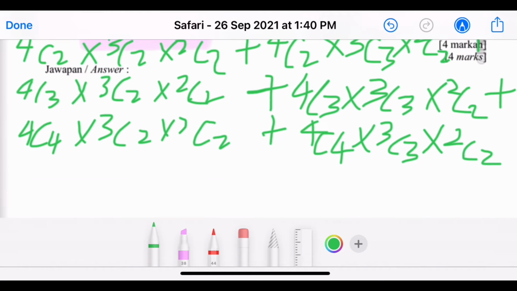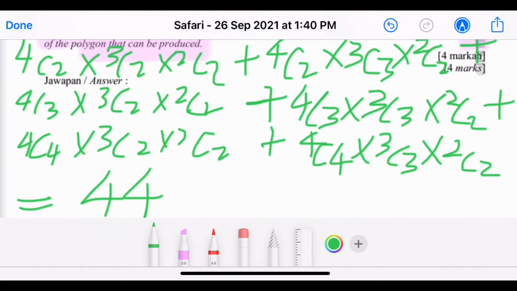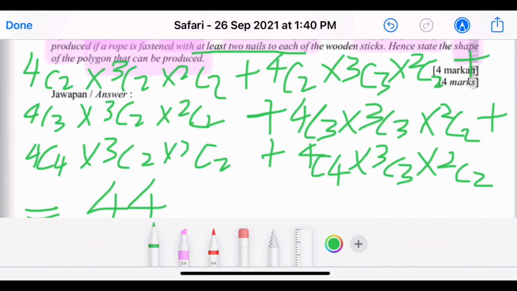Press the calculator and you will get the answer 44. Double check your answer. There are many combinations, it's either number 1 or 2 or 3 or 4 or 5 or 6. Because of all, we have to add.